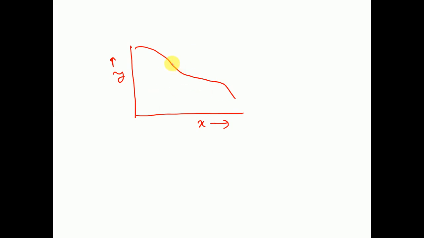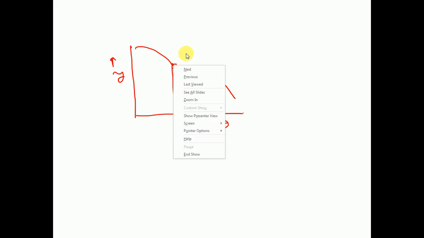At any point, if we take a very small slice, a small part of it, then we can consider that within any small distance the graph will be linear.